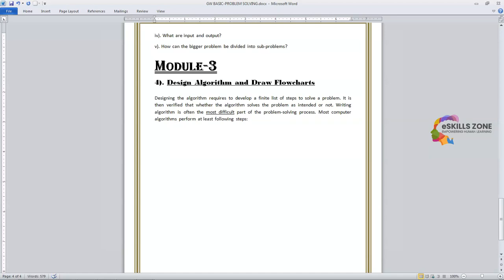Number one, get data, which is also called input. Number two, perform computation, also called processing in programming. Number three, and the last, display results, called output.